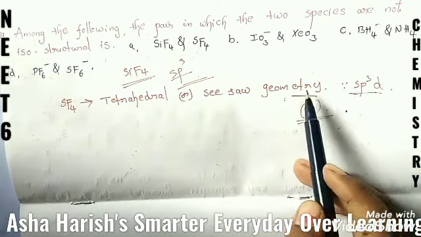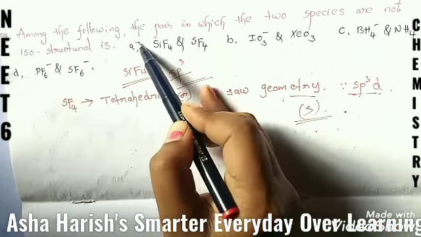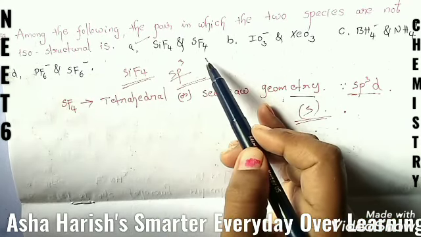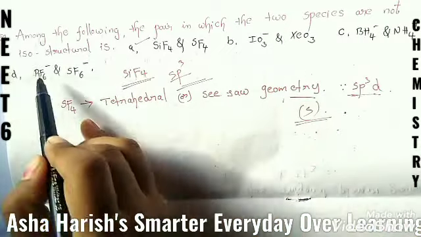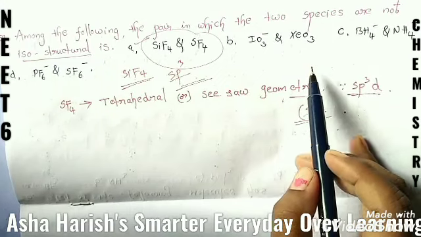Okay students, basing upon this explanation, we can conclude that option A, SiF4 and SF4, is the correct one. These species are not isostructural.